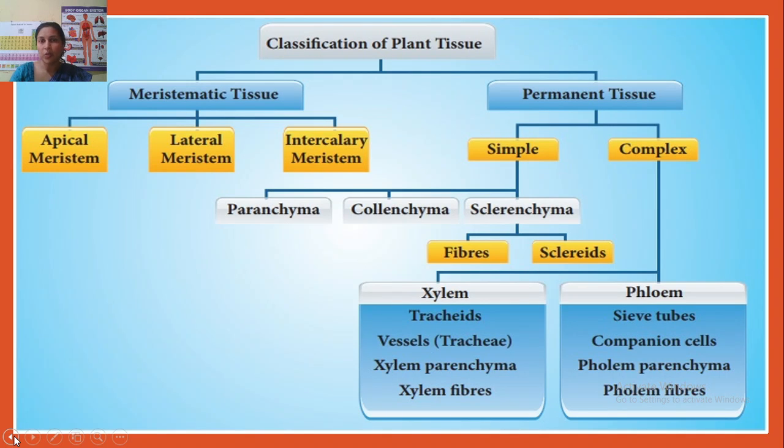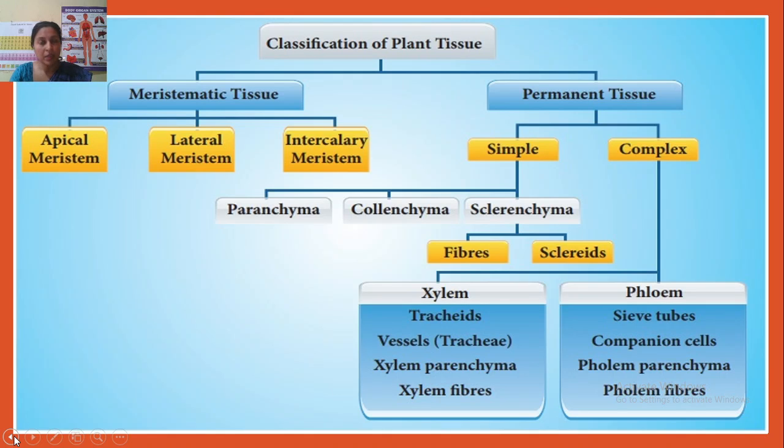Summary, we can conclude that the plant tissues are basically divided into two types, the meristematic tissues and the permanent tissues, depending on whether the cells are going to be dividing or not. Again, if we take the meristematic tissues, we divide that into three groups, apical, lateral and intercalary, depending on where they are going to be present in the plant.